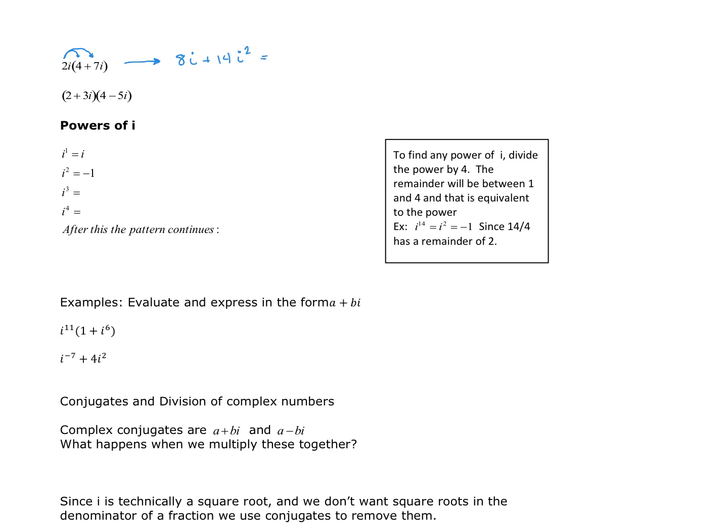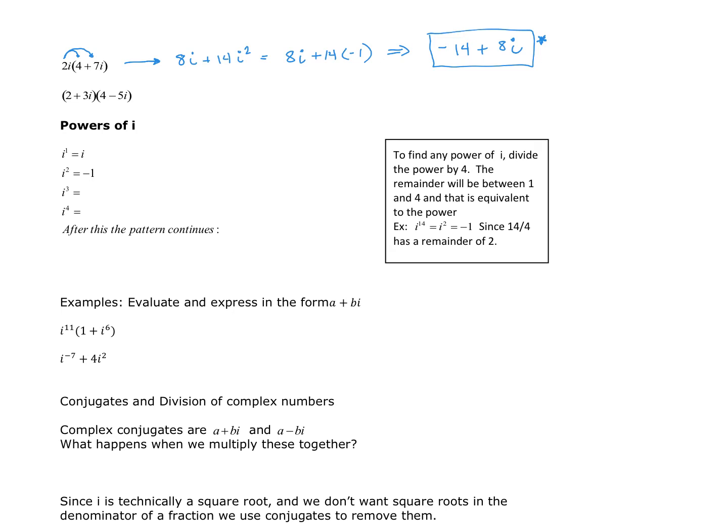But remember, i squared is negative 1, and so we're going to write this as minus 14 plus 8i. And it is customary to write the real part before the imaginary part. So not technically wrong to say 8i minus 14, but this is the convention. It's kind of like writing something in descending order.